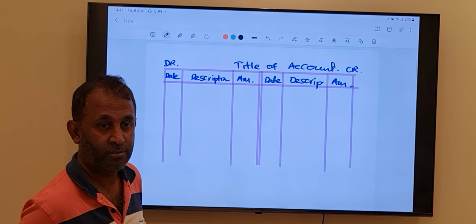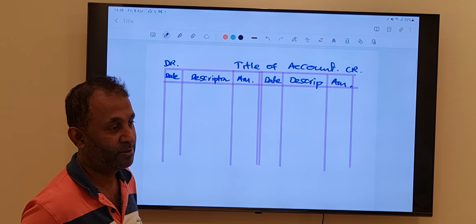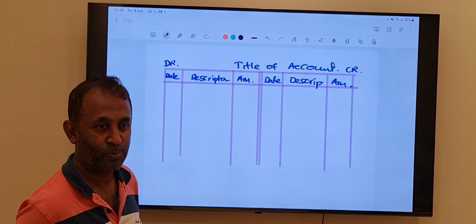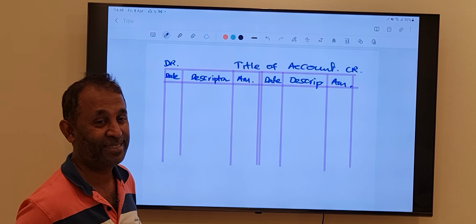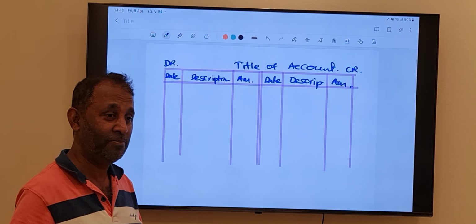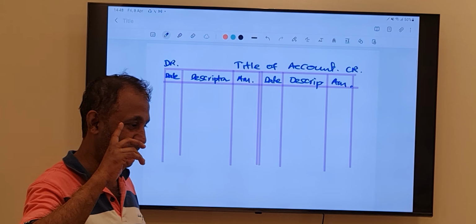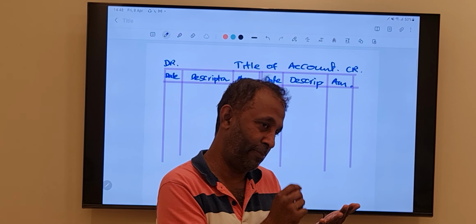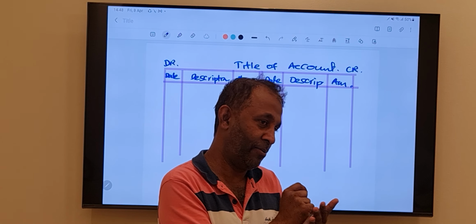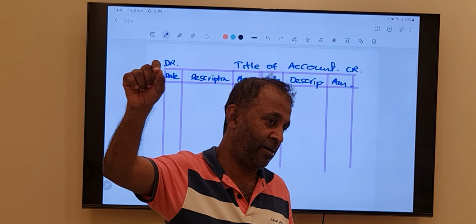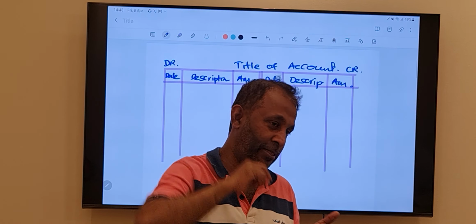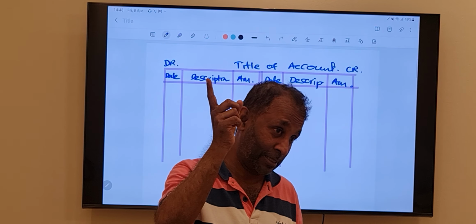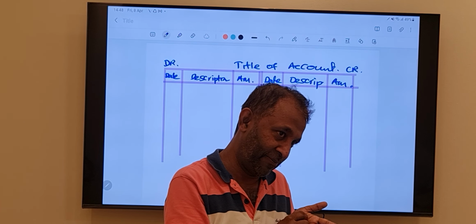What is LF? Ledger folio. Meaning, in those days we had ledgers in books. So on page number 5, I have sales. On page number 85, I have customer. So on page number 5, I am writing about that customer, and here I write 85.